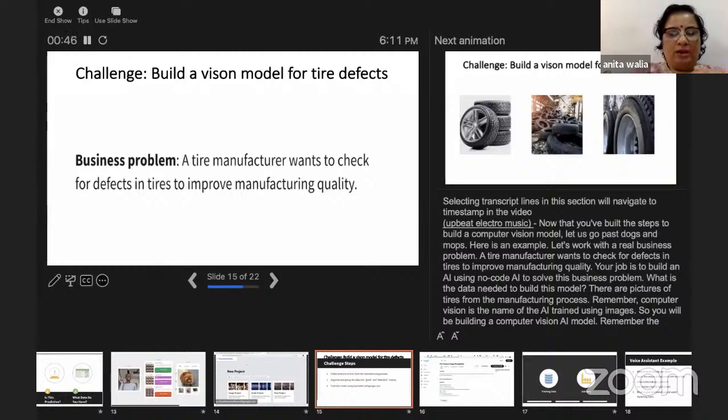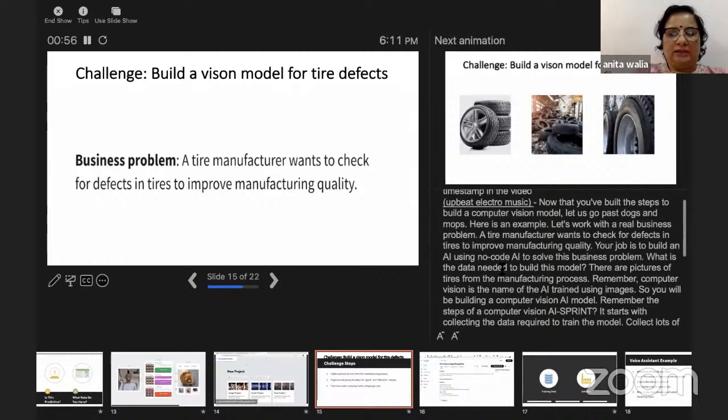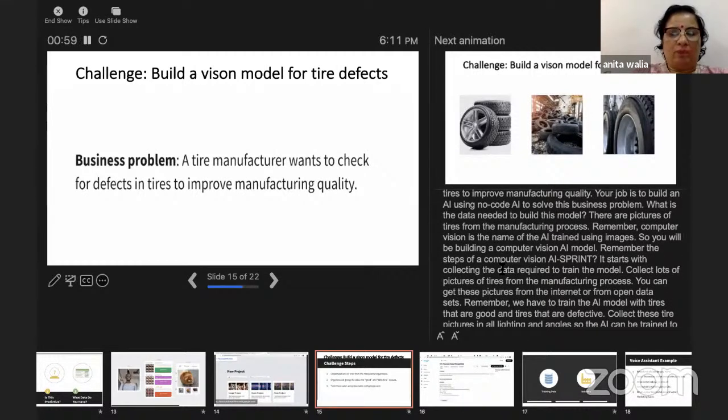Your job is to build an AI using a no-code AI tool to improve the manufacturing quality, and you will get a data set of all the pictures of the tires from the manufacturing process, and you have to use computer vision and train the AI using these images of all the tires and identify which tire has a defect.